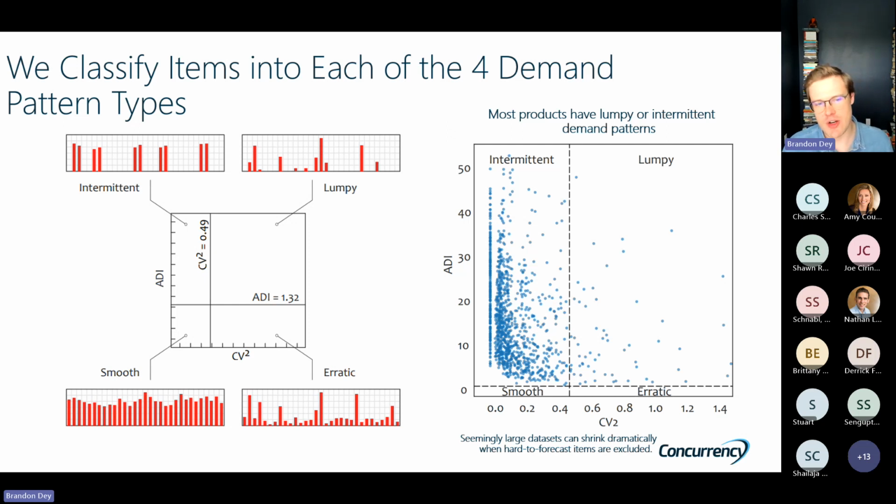One of the things to note here on the right side of the screen is that once you classify your product catalog, or the body of things that you're trying to forecast for, you're going to notice that there aren't a lot of items that are smooth. There's a lot of lumpy and intermittent, and that needs to be addressed. So how do you go about addressing it?